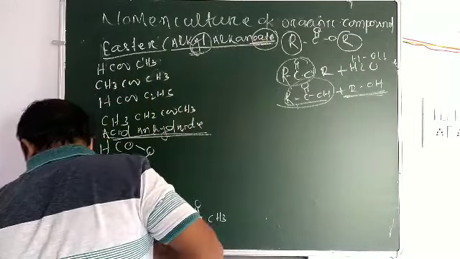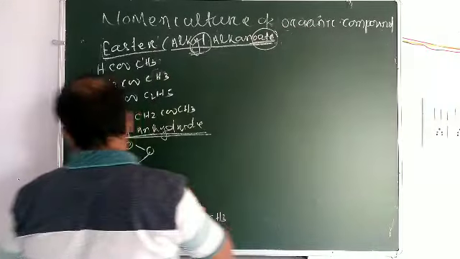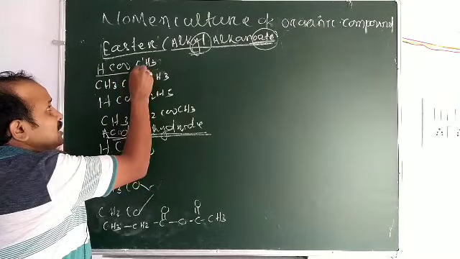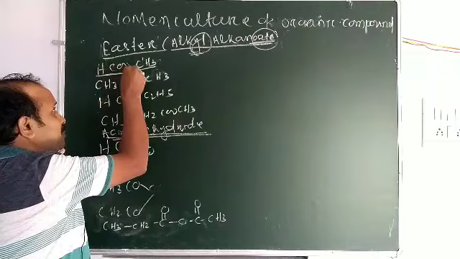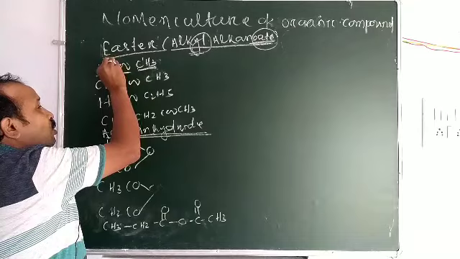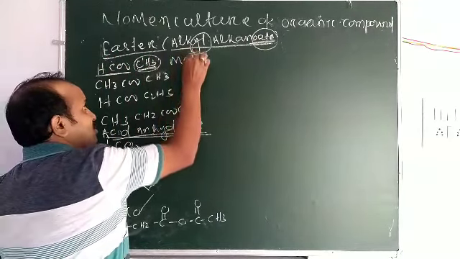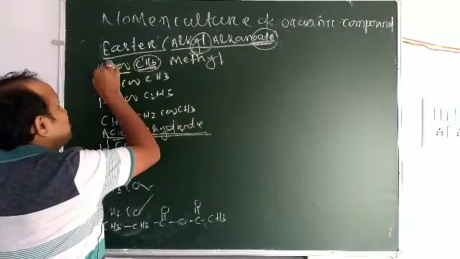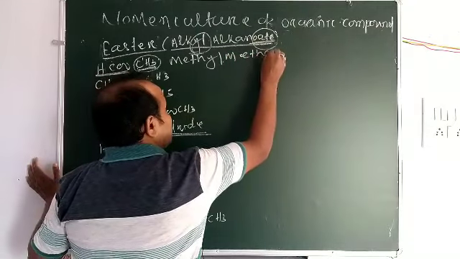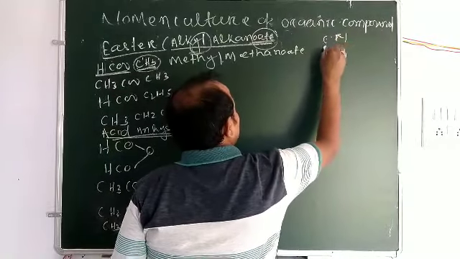Then here you see HCOOCH3. When we divide it into HCOOH and CH3OH, this is the carboxylic part, this is the alcohol part, so the carboxylic part takes oate, methanoate, and the common name is formate.